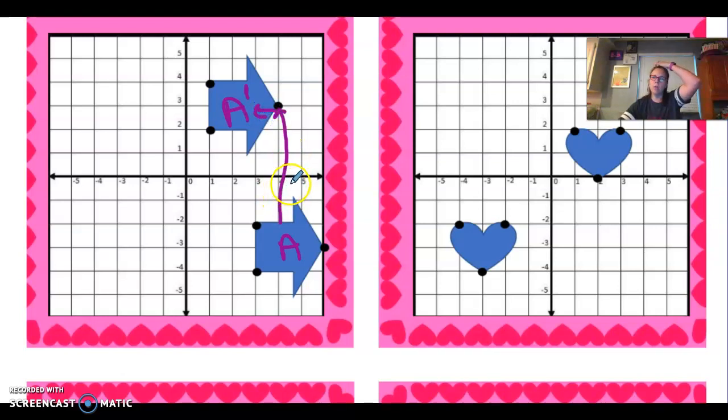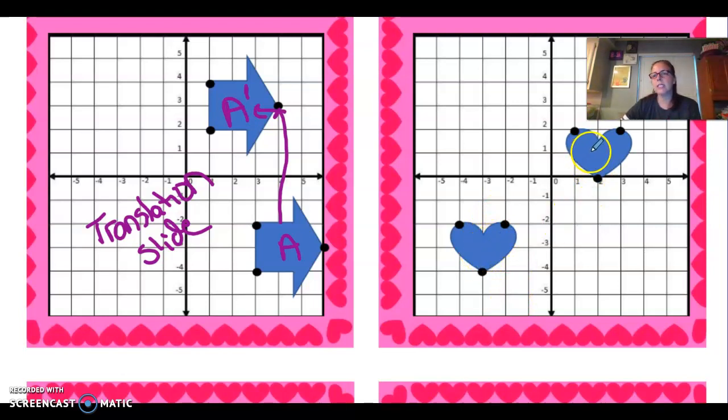Now you all will only do one, either rotation, but some of these are going to be two. So this is called a translation. If you get confused on that, it's a slide. It slid up and to the left.